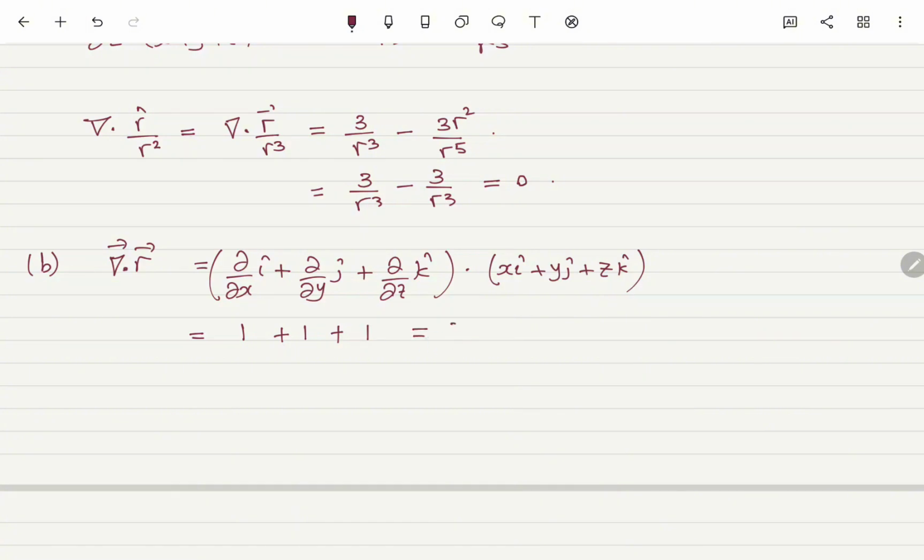So the answer will be equal to 3. The divergence of r is actually equal to 3, and this is another important quantity in physics.